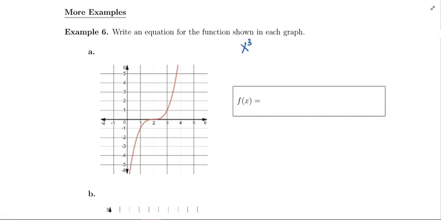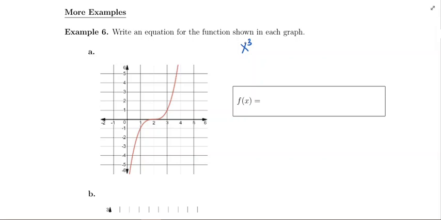What I recommend is, if you know your basic function, go to your picture and graph the basic function on the picture itself. That way you can compare the original basic function with the transformation, and it may be easier for you to figure out how the graph got moved around.